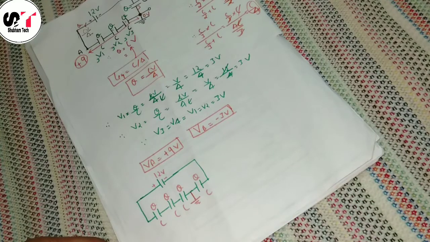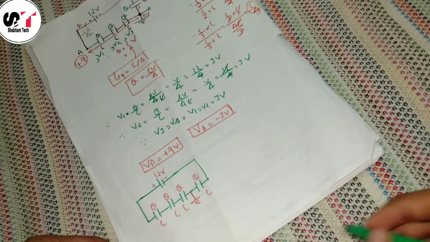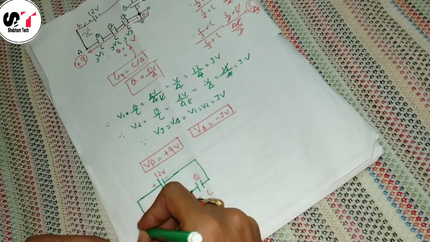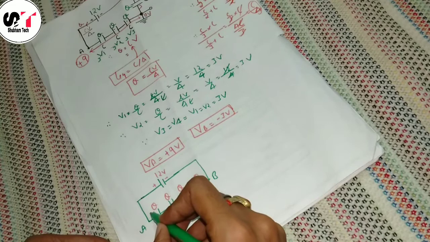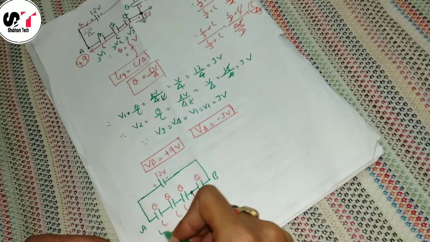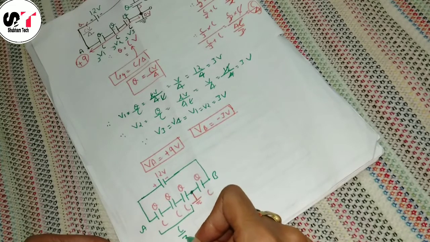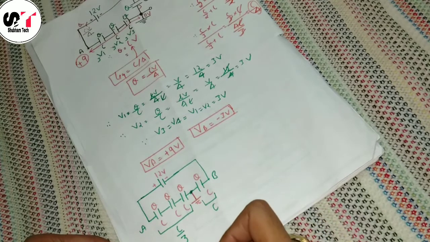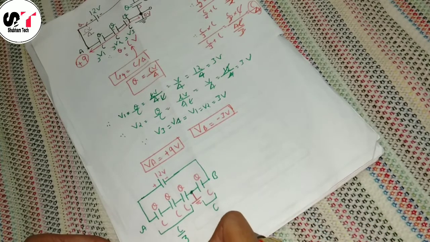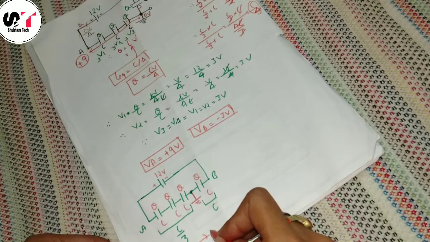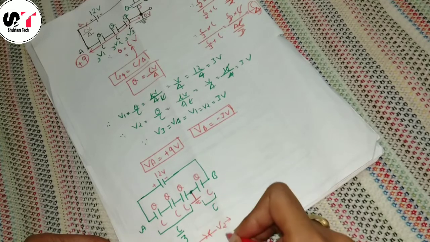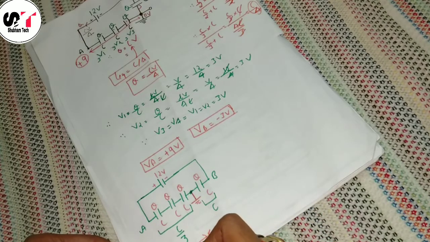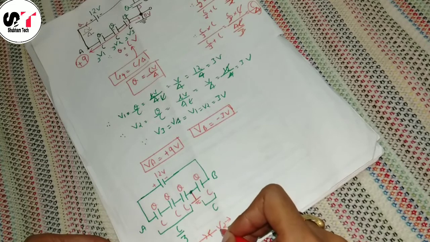Now by voltage divider you can see that this point is earth, this point is A, this point is B. Now the C equivalent of these three capacitors is C by 3, and this is C. V1 is the voltage drop across C by 3, and V2 is the voltage drop across C. So by voltage divider we can find the value of V1 and V2 easily.